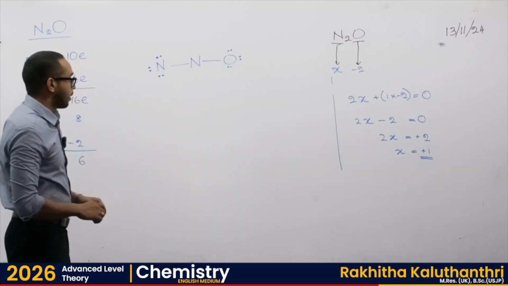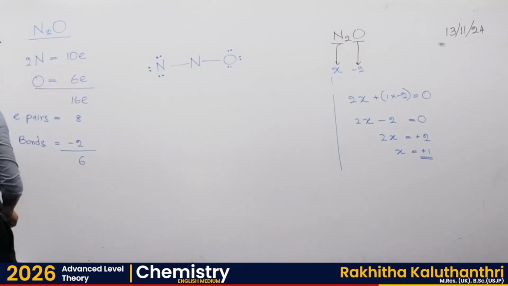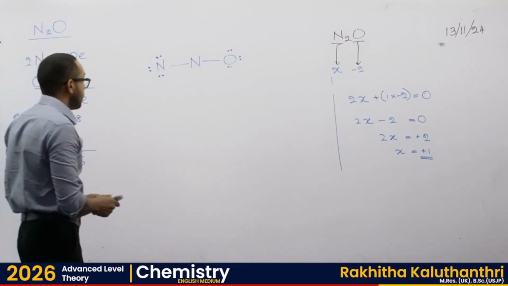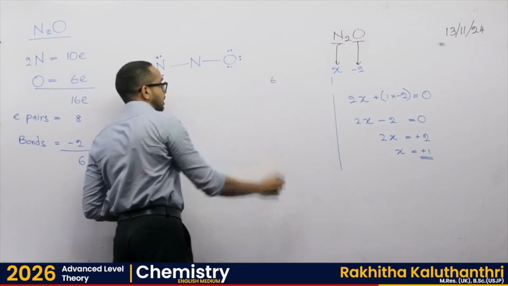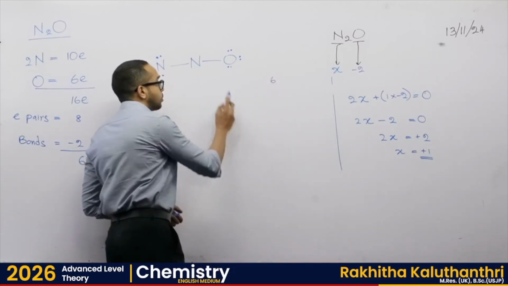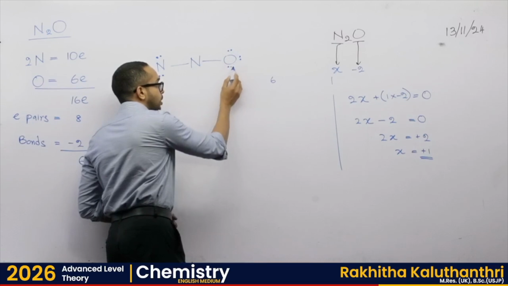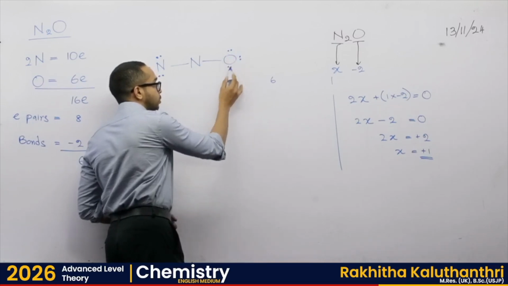So now we take a look at the charges. Oxygen should have 6 valence electrons, right? So oxygen has altogether 6 electrons here.